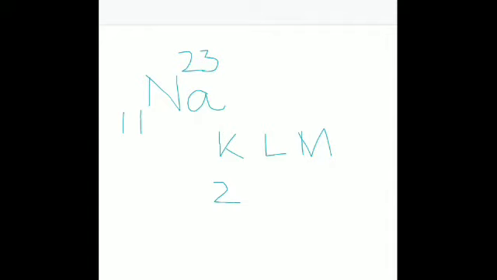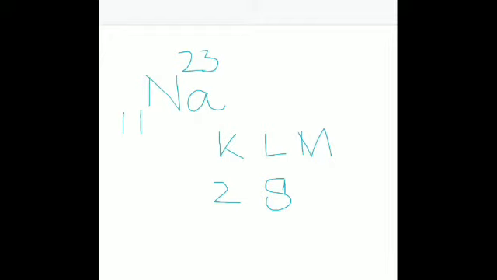How many electrons are left? 11 minus 2 is 9. In the second shell, how many maximum electrons can fit in? It is 8. Is it clear? 2 plus 8 is 10.